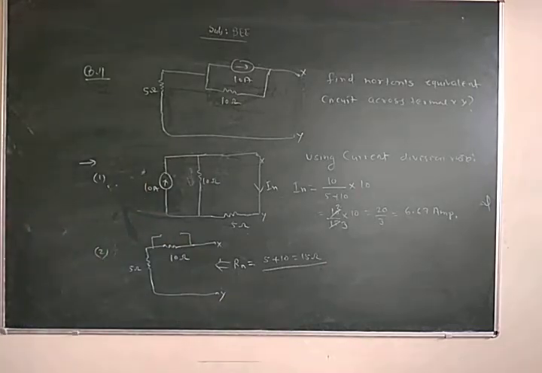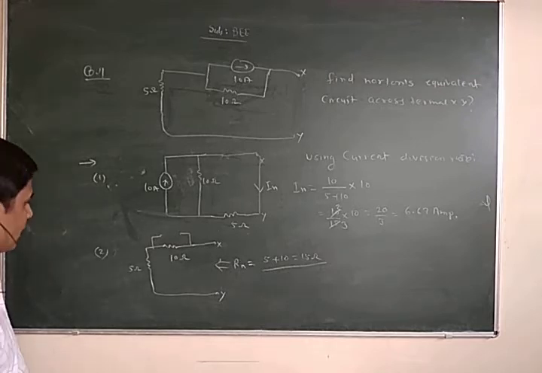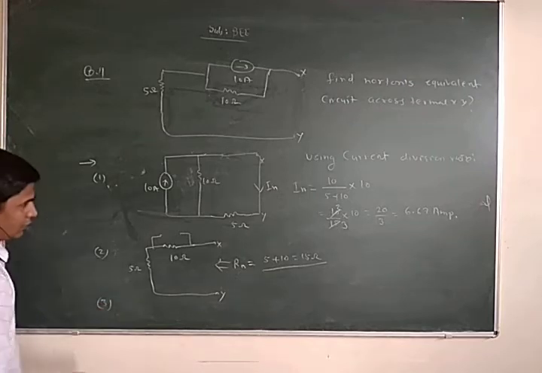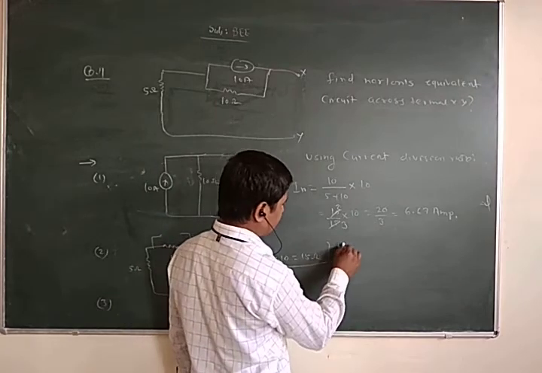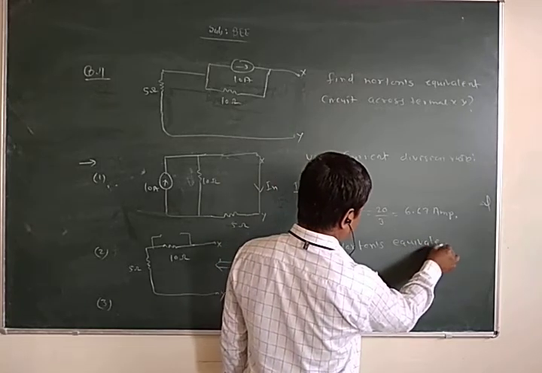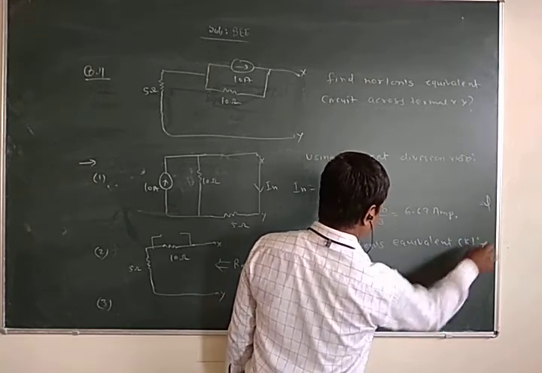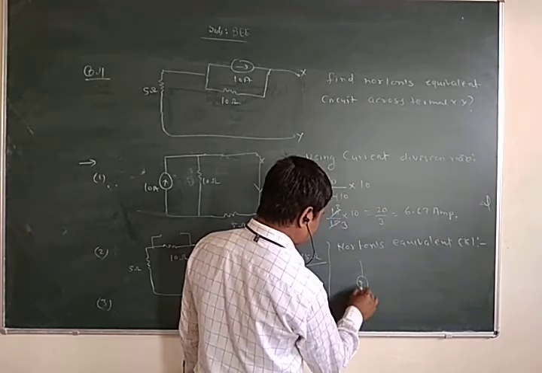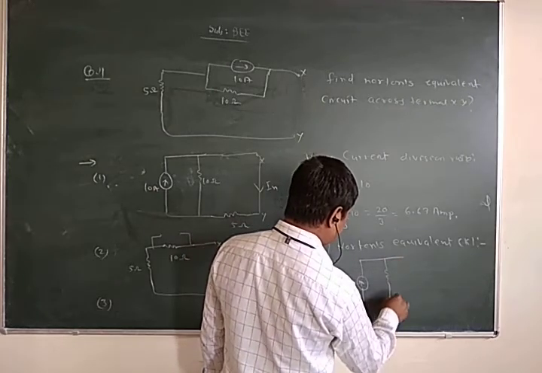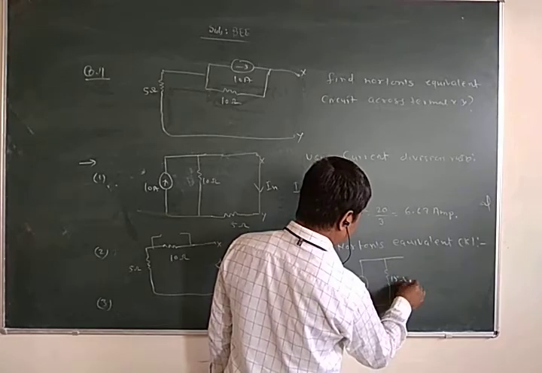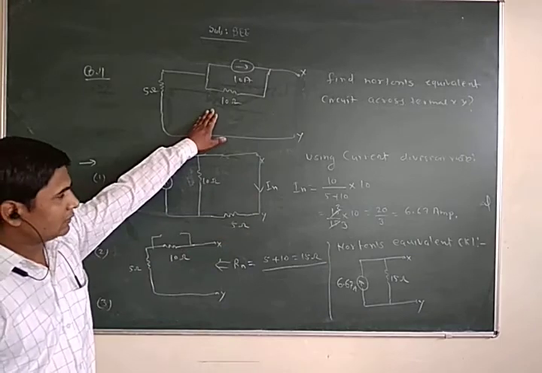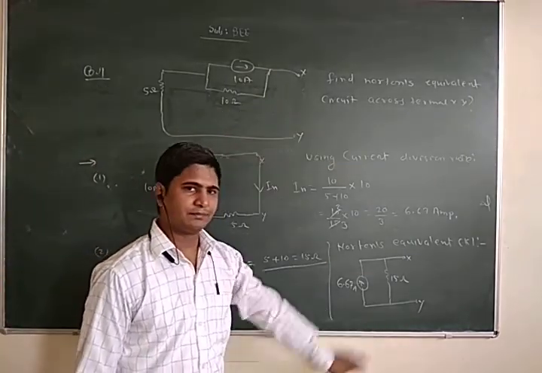Now we draw Norton's equivalent circuit. The value of Norton's current is 6.67 ampere and the parallel resistance RN is 15 ohm. So for the given question, the Norton equivalent circuit is this.